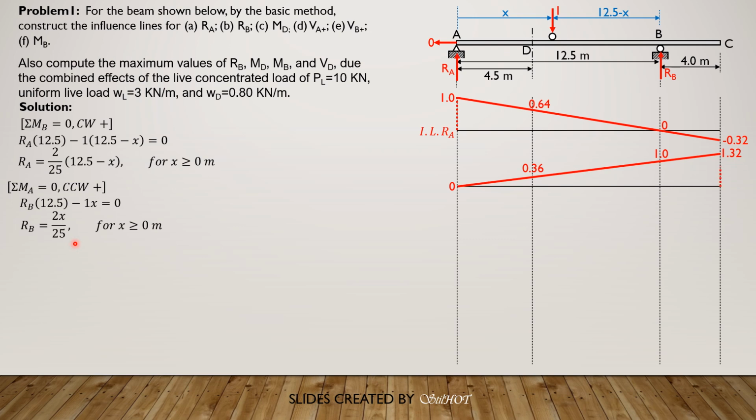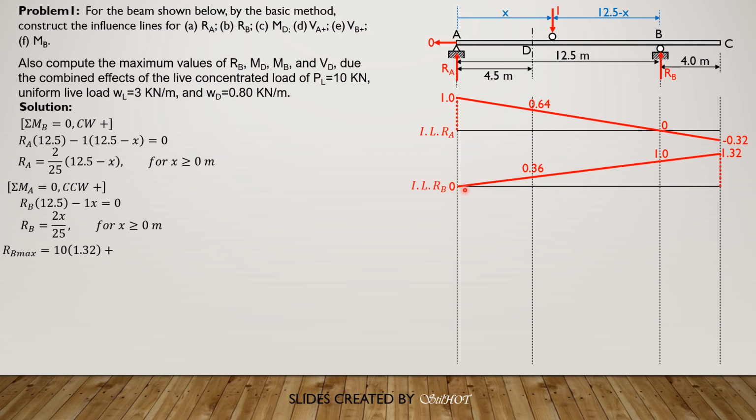So then we compute for RB maximum. So RB maximum is equal to 10 times 1.32. So we have to place the live concentrated load over C because the ordinate is maximum, and because the entire influence line for reaction at B gives us positive area for the entire span, then we have to load also the live load over this entire span.